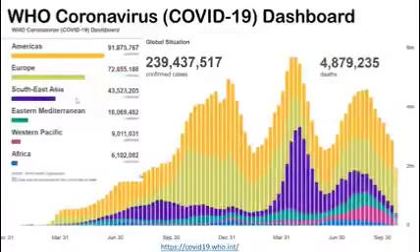Now you see these things in graphical mode for different regions: America in this color, and Europe, Southeast Asia, Eastern Mediterranean, Western Pacific, Africa, etc. And you can clearly see we have three maxima in these curves, showing three stages in this COVID-19 pandemic.